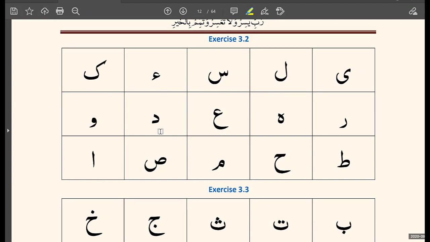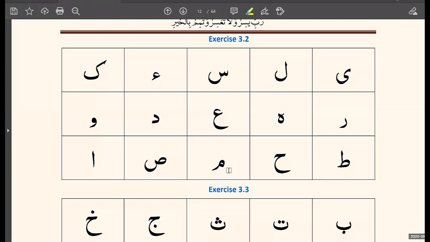Dal. Waw. Good. Ta. When our sound is not ending somewhere, it is empty and going, then only 2 counts. Ta. Ha. Good. Mim. Okay, mim, because the sound of the letter is ending somewhere on a consonant, so it will be long.